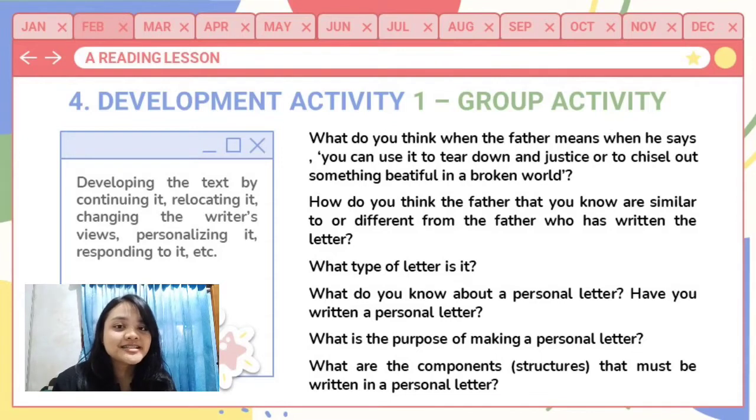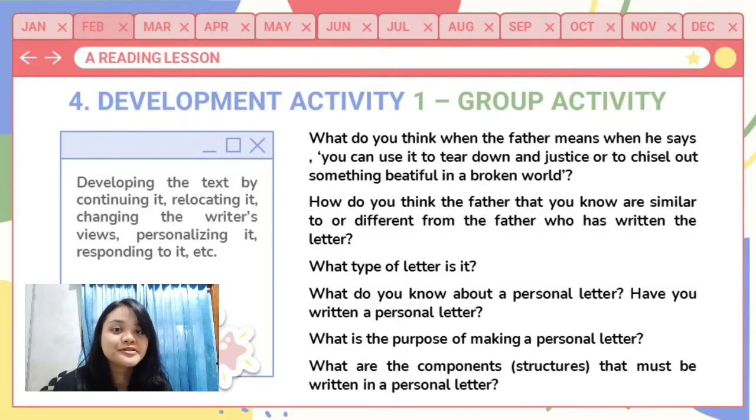First of all, there is a sentence in the authentic text that says, "you can use it to tear down injustice, or to chisel out something beautiful in a broken world." I would like the students to think about it. What does it mean? Why did the father write that sentence to his son? And then I will ask the students, do they think the fathers in their minds are similar to the father who has written the personal letter?